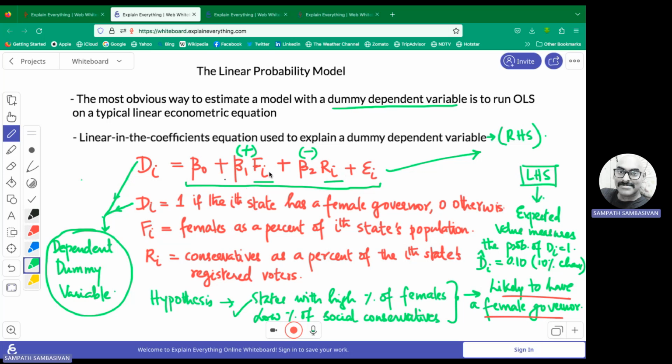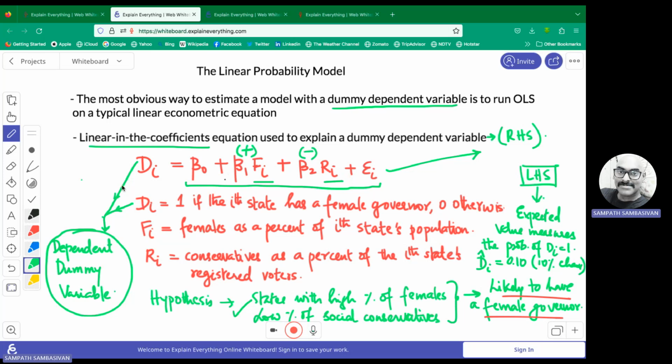You don't see any squared or cubed values, etc. They are all linear in nature, and that is essentially the reason why we call this a linear probability model, because the equation is linear in its coefficients. As you can see here, beta 1, beta 2, etc. are all linear in the coefficients, and hence it is called a linear probability model.